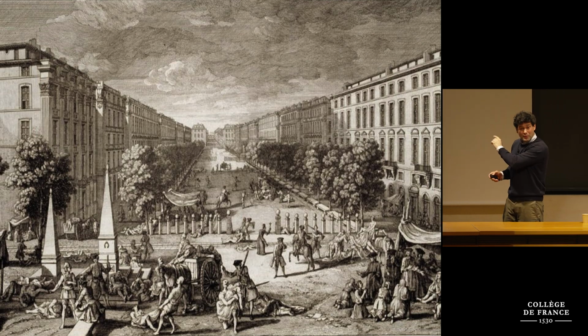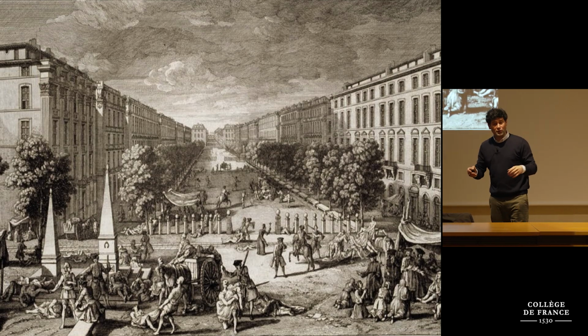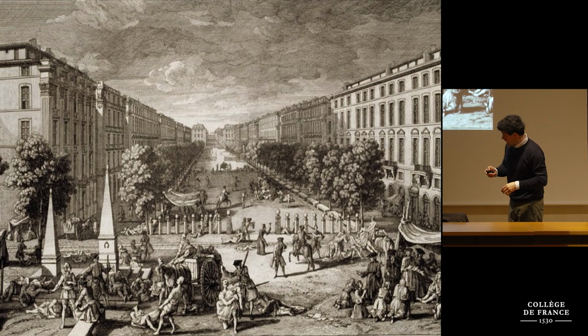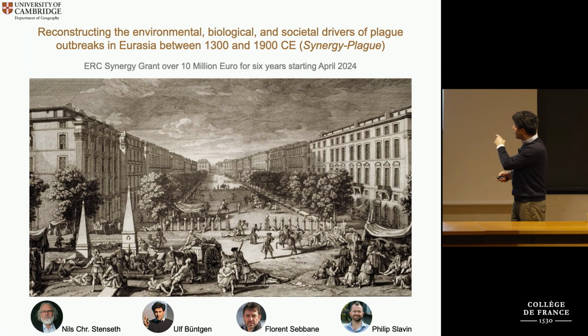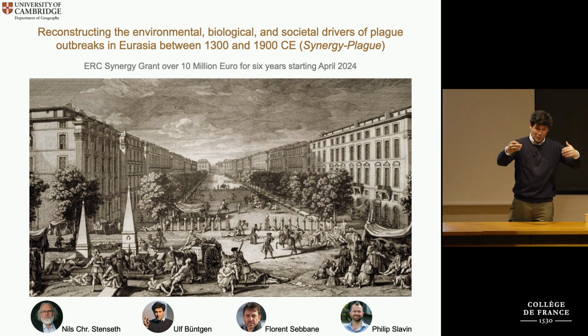I finish with this one here because that brings us back to France. That is the plague, or the Great Plague of Marseille, 1720. And I'm showing it because you should also see we are not stopping, we're continuing.